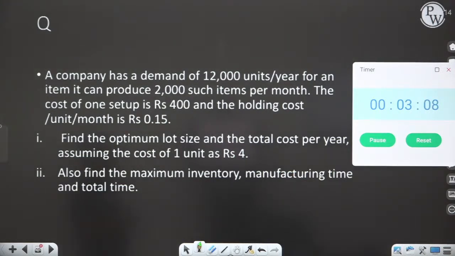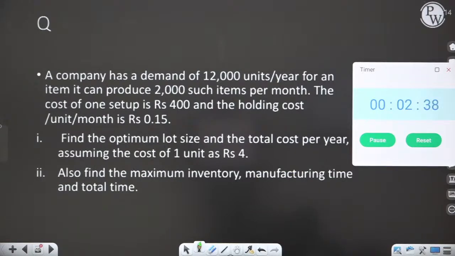Basically, what is economic production quantity? A problem frequently encountered by manufacturers is to determine how many units of a product to produce during a production run. So this quantity is known as what?